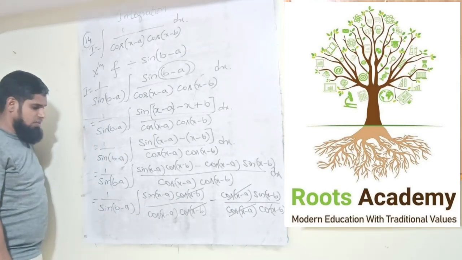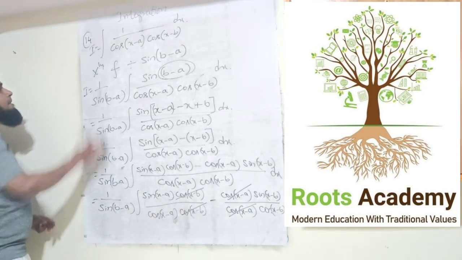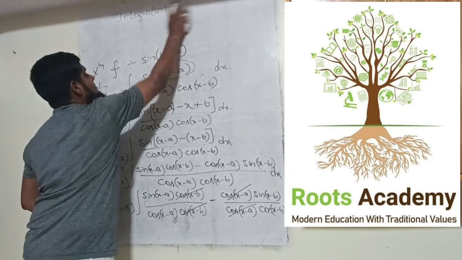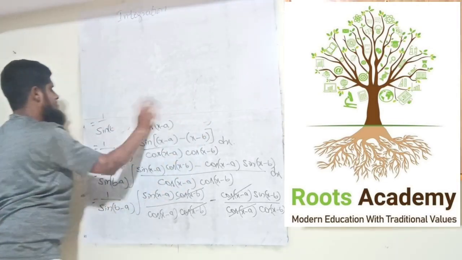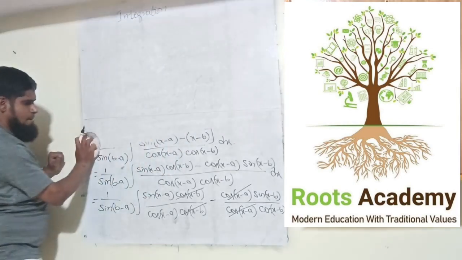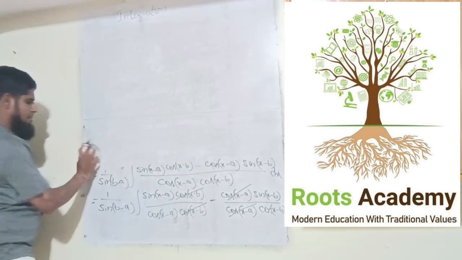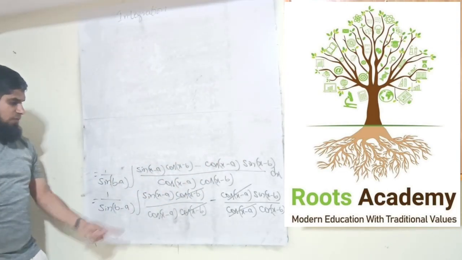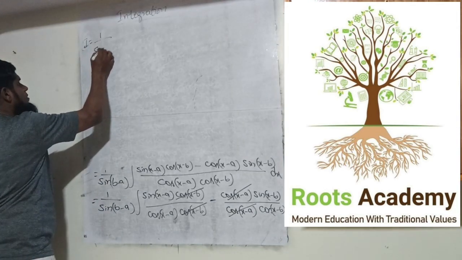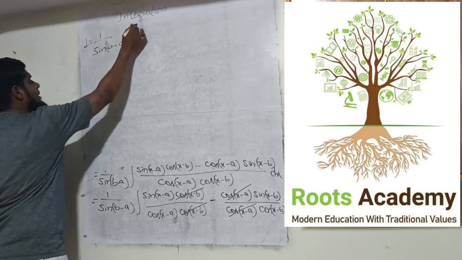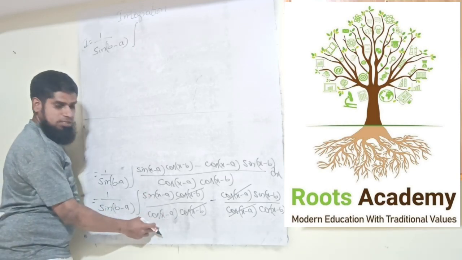So what is left in this integral is I equals 1 divided by sine of b minus a integral of, in the first term, sine x minus a divided by cos x minus a is left out.